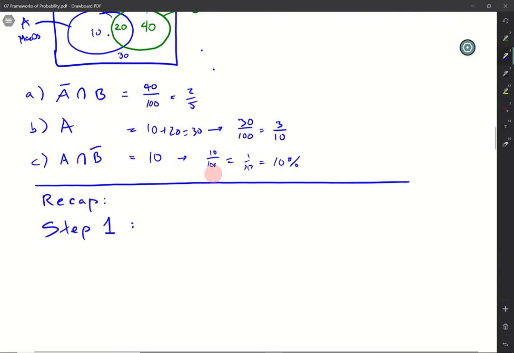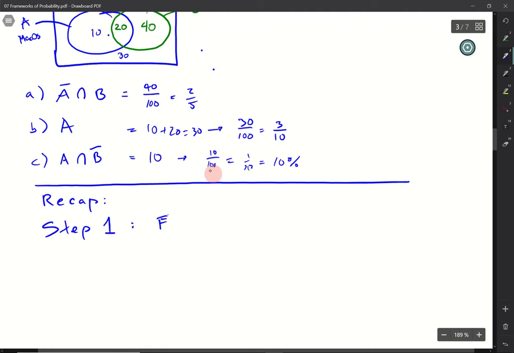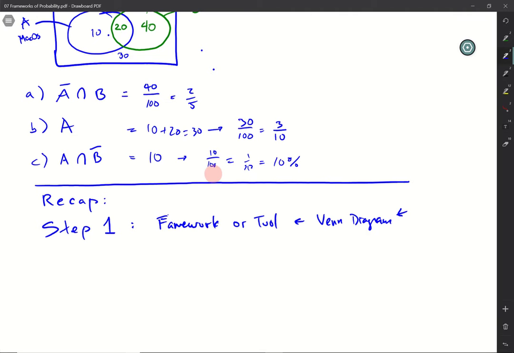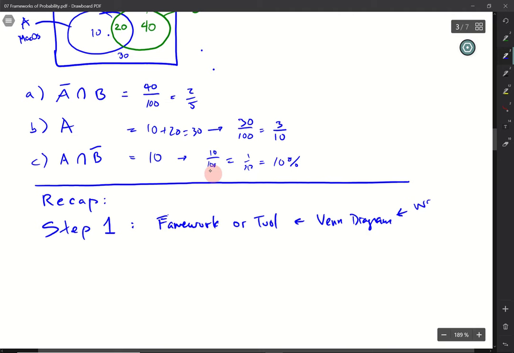We started to think about the Venn diagram. Some type of a framework or tool. In this case, we thought of the Venn diagram. Sort of like the things that we learn in class are supposed to help us, right? Okay, so yes, we just learned about that, and so it helped us. So it's a way of organizing, right?